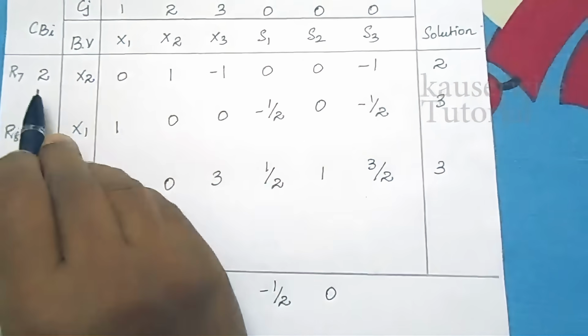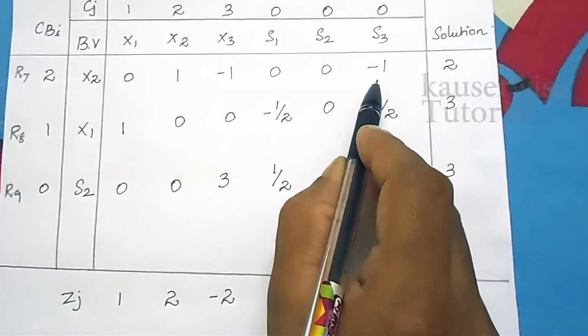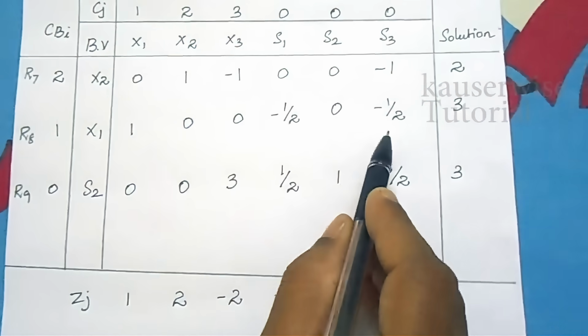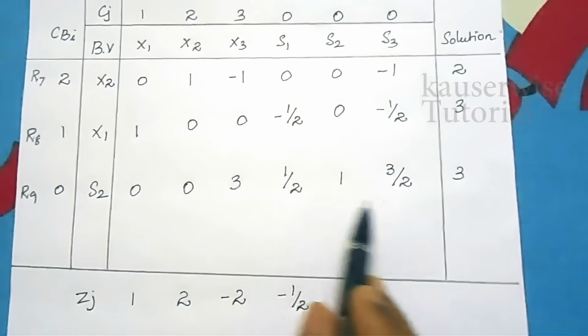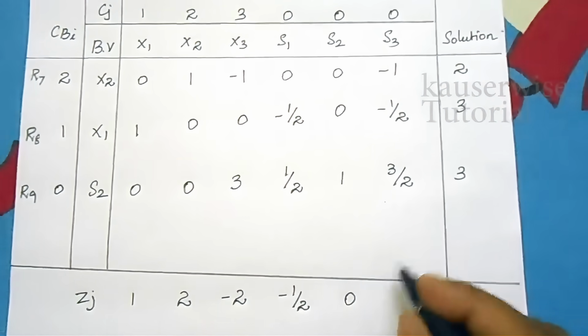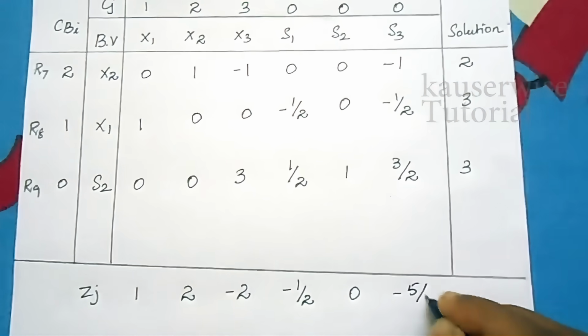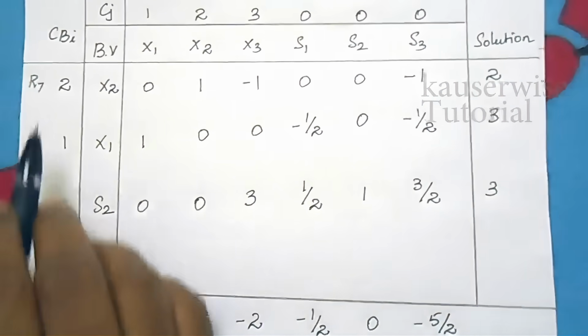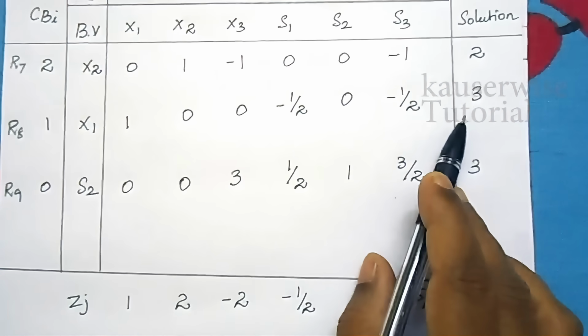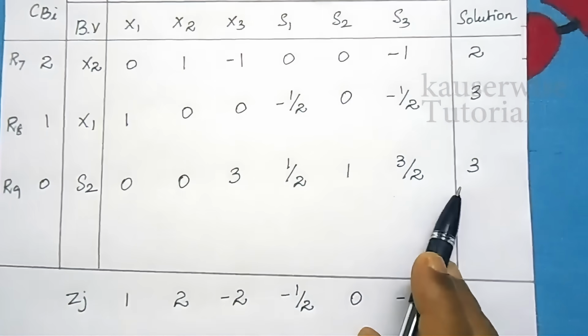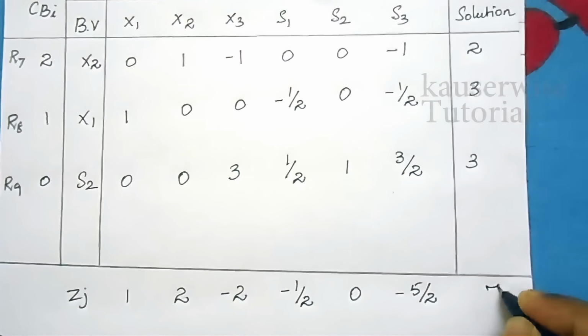For S3, 2 into minus 1, minus 2 plus 1 into minus 1/2, minus 1/2 plus 0 into 3/2, 0. So the answer is minus 5/2. For solution, 2 into 2, 4 plus 1 into 3, 3 plus 0 into 3, 0. So the answer is 7.